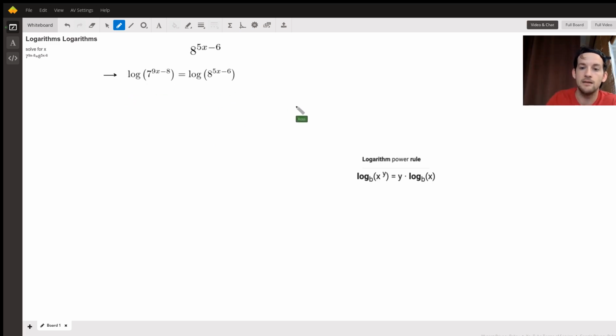All right, and so the trick here is that if we do put a log on both sides, then we're able to use this log rule. And that's so valuable because the whole essence of this rule, if you look at it, says log base b of x to the y power is equal to y times log base b of x. So essentially all you do in this rule is take that exponent y and bring it out to the front.